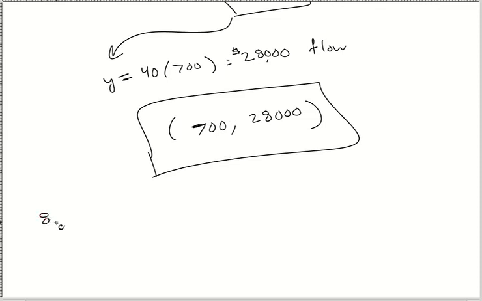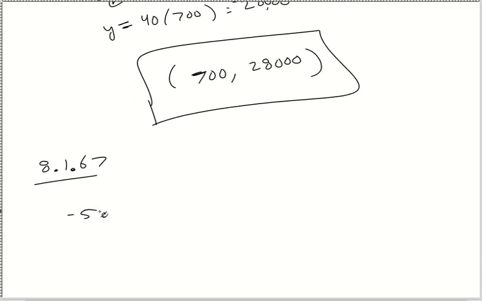8.1.67. I got negative 5x plus 10y is equal to 160. And then I got x plus 3y is equal to 184. Now, this is another word problem in particular. Something about years and percentages and stuff kind of like that. I don't really remember every single piece of this.